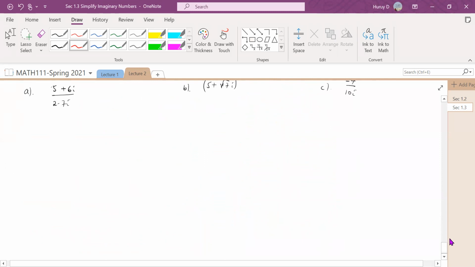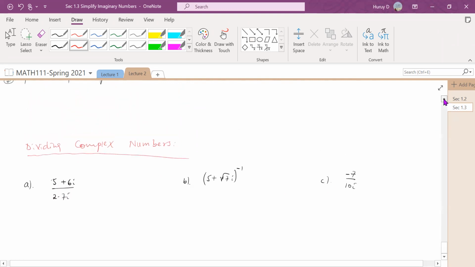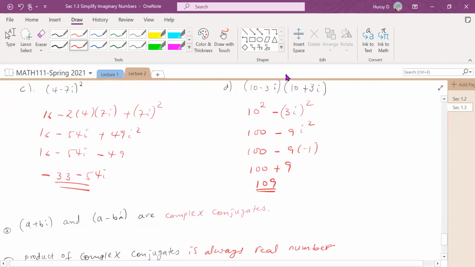And the last one is dividing complex numbers. When you divide complex numbers, what we do is we multiply the denominator by its conjugate, so that you don't have any complex number on the denominator side. We don't want to see the i on the denominator side. To get rid of it, as you can see from the example above, when you multiply two conjugate numbers, you always get a real number.